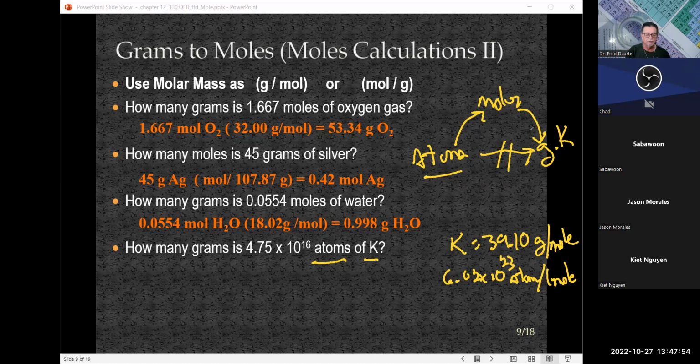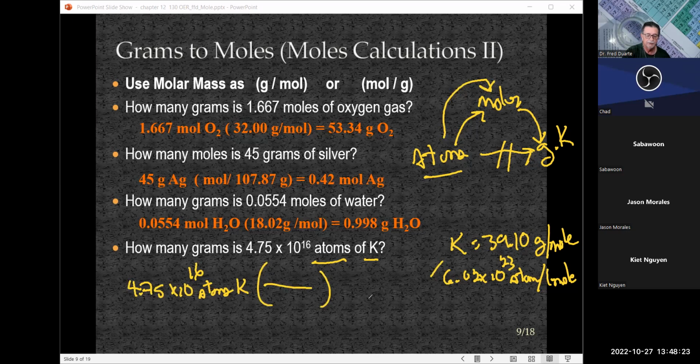All right, so let's set this problem up. We are given 4.75 times 10 to the 16 atoms of potassium. Obviously, we need a conversion factor here, which is good old Avogadro's number. We have atoms, we have to convert to moles right here.